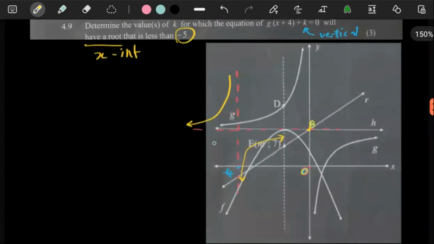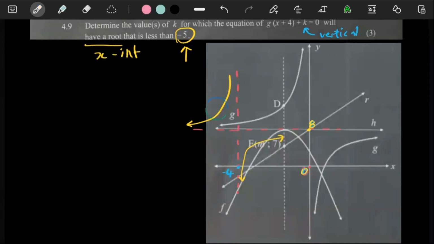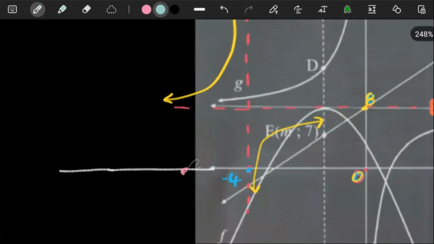So for it to have roots or x-intercepts that are less than negative 5, it means that this portion of the curve would need to be touching your x-axis anywhere on this far left side here. Because somewhere here you might have an x value of like negative 5, and then everywhere else is values that are less than negative 5.